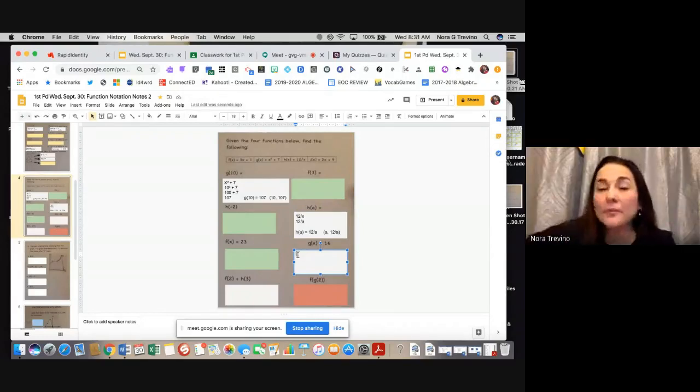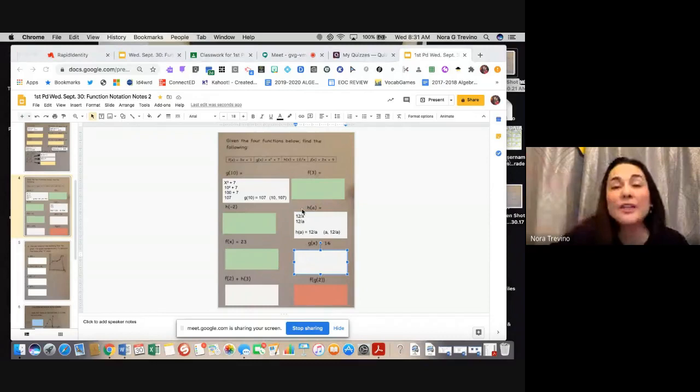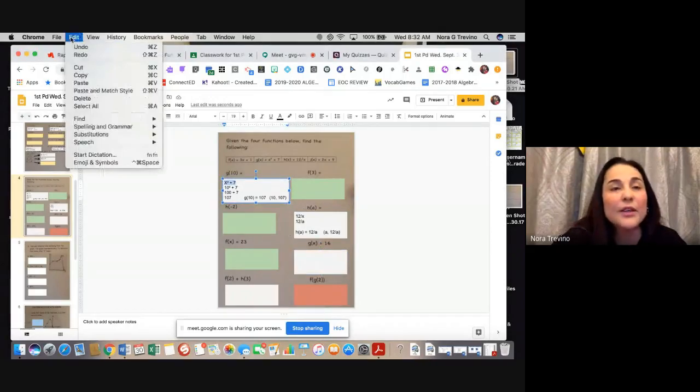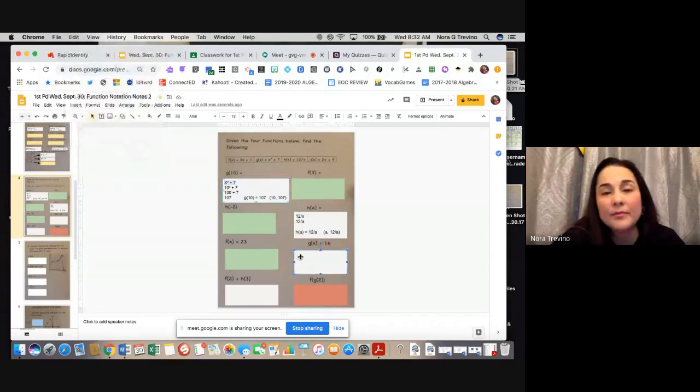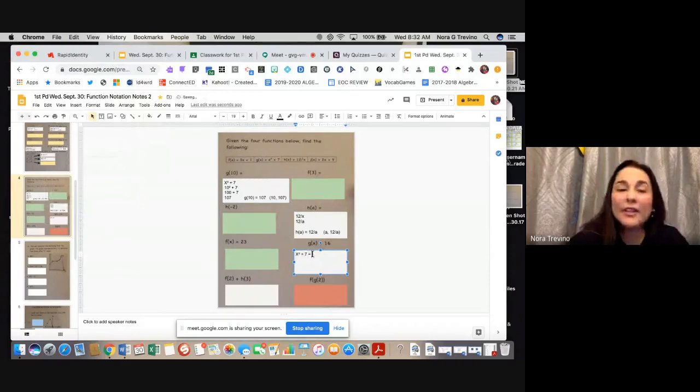So now I'm going to take the function G. Let me see what the function G says up here. X squared plus 7. Let me copy it from the first problem, that way the exponent's already there. So edit copy, and edit paste. There it is. So I'm going to take X squared plus 7, and they already gave me the answer, 16.